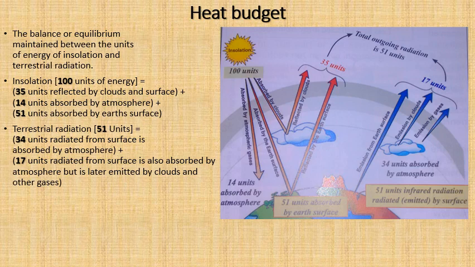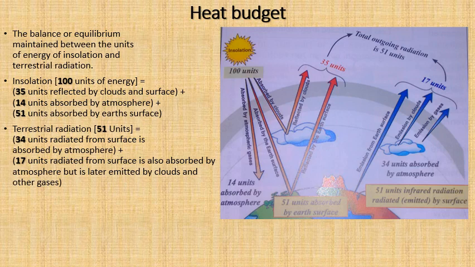Among the 51, 34 units are radiated from the surface, but it gets absorbed by the atmosphere and the clouds. But 17 units which are radiated from the surface is also absorbed by the clouds and the atmosphere, but later it is emitted from the clouds and the atmosphere. I'll explain it again.